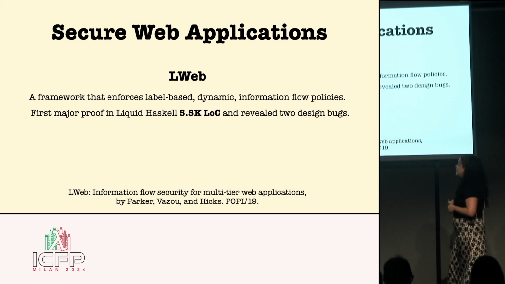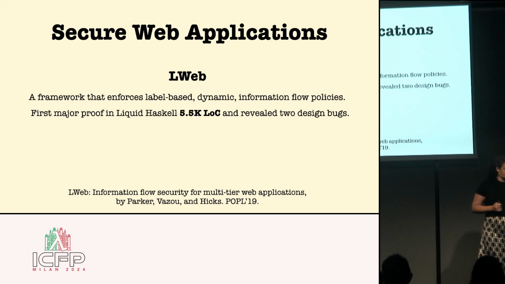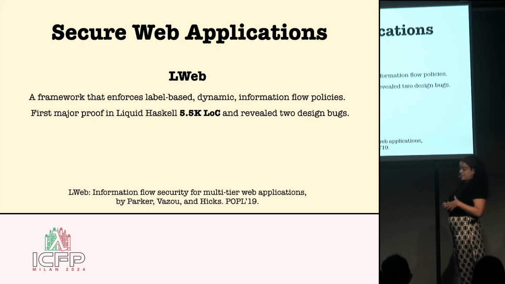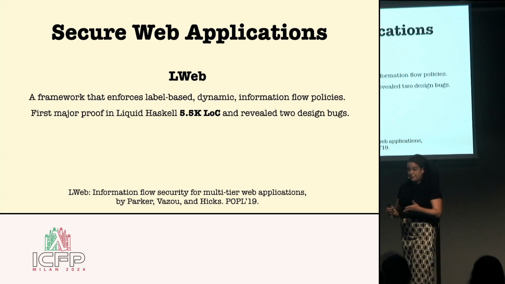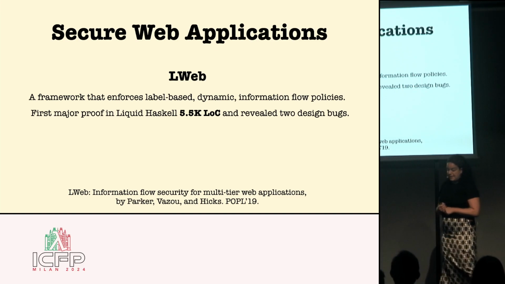This is very important for the development of refinement types, because this was actually our first major proof in Liquid Haskell. It was the first major meta-theoretic proof that went outside of these toy associativity proofs, with 5.5K lines of code.